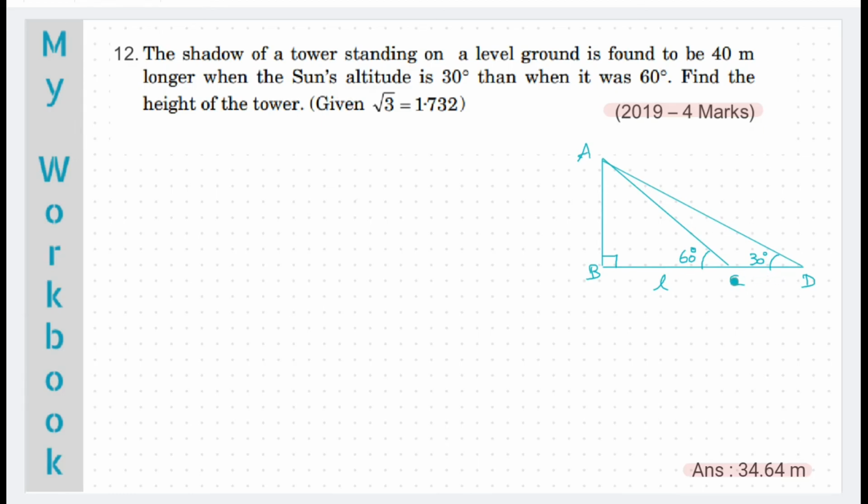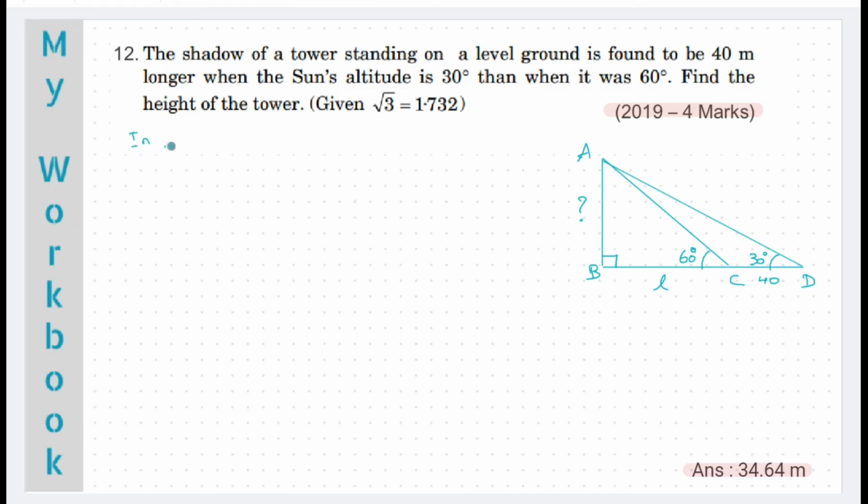So let CD be 40. So the total length of the shadow in the second case will be L plus 40. We need to find the height of the tower, that is AB.